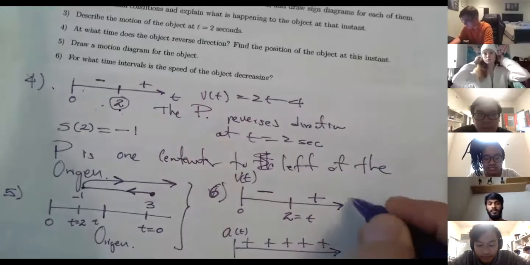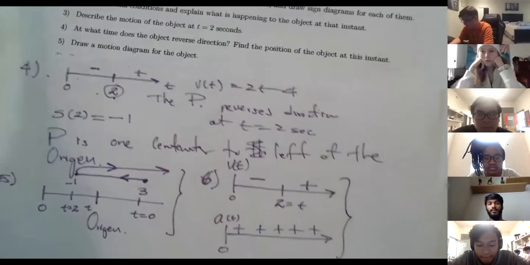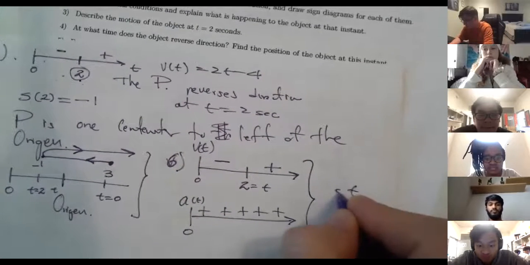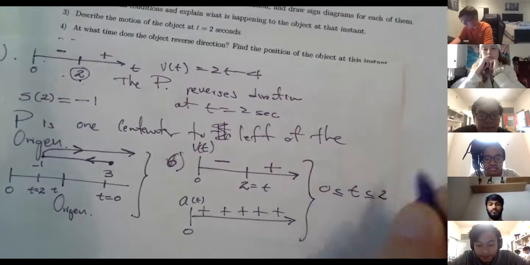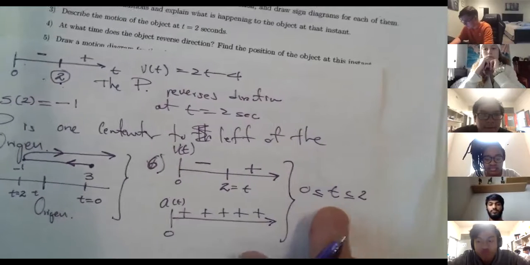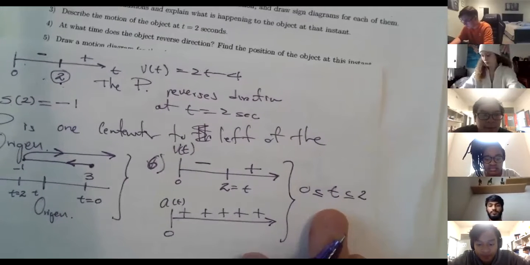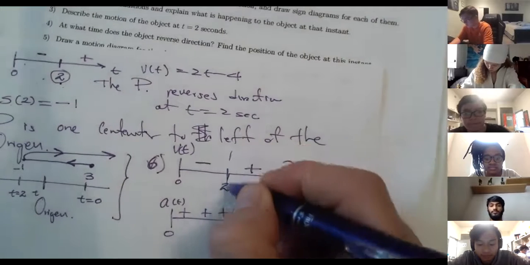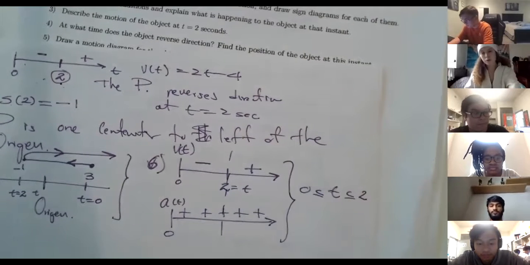So that means that they have opposite directions when the time is between 0 and 2. So this is when the particle is slowing down, or the velocity is smaller. Make sense? When they have different signs.